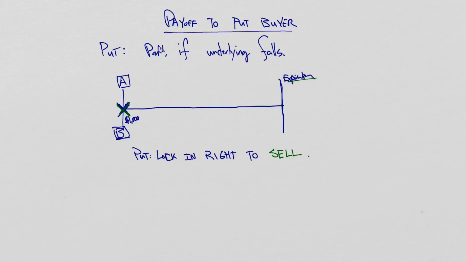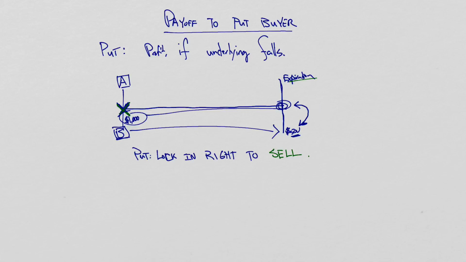What's happening is that B thinks they're going to be able to lock in a way where they can sell it for $1,000 then, but they think the price is going to be falling for Apple to $500. So they can sell it at the higher price and close out at the $500. That is, they can sell it for $1,000, even though everyone else can only sell it for $500. So they make an extra $500 here.